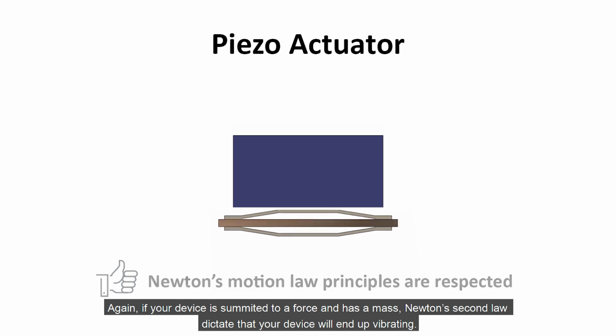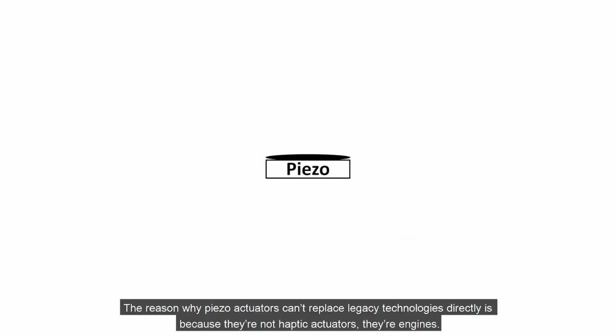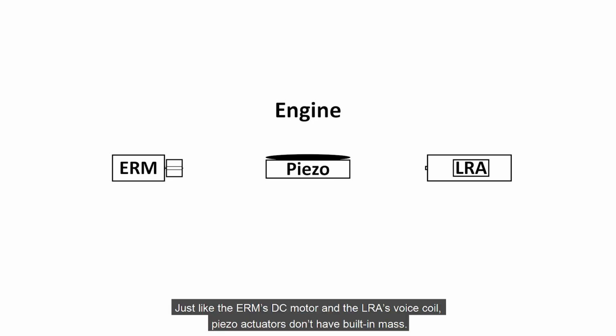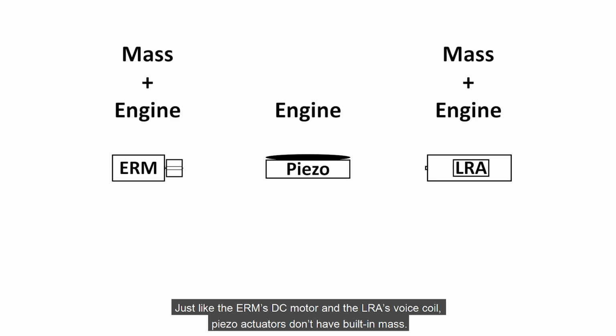The reason why piezo actuators can't replace legacy technologies directly is because they are not haptic actuators. They are engines. Just like ERM's DC motor and LRA's voice coil, piezo actuators don't have built-in mass.